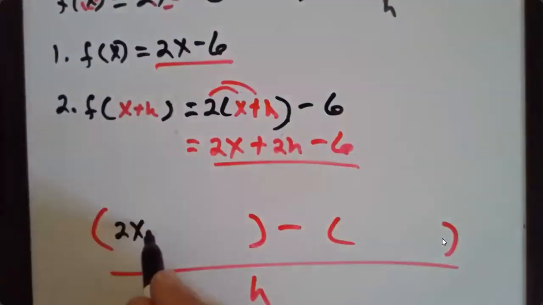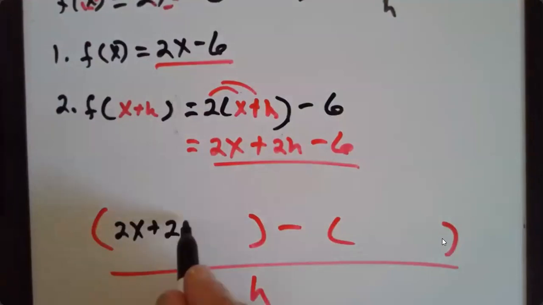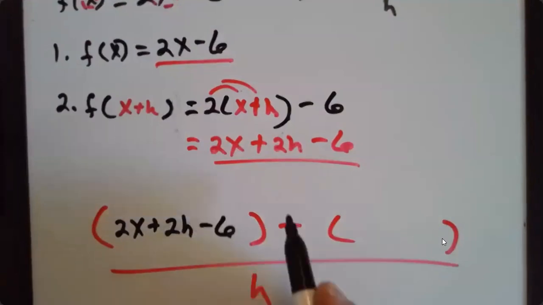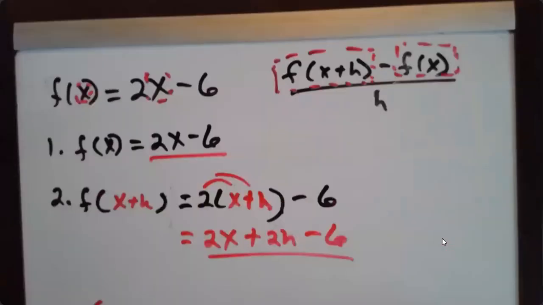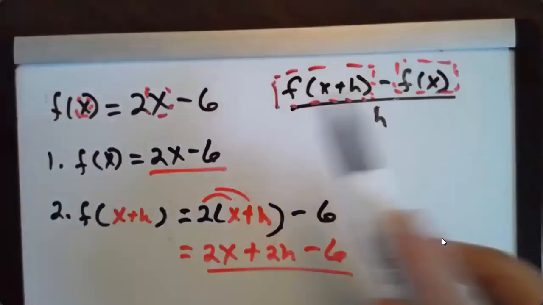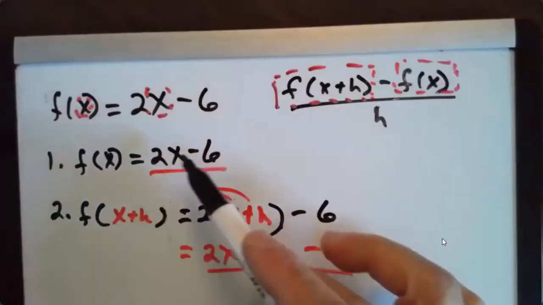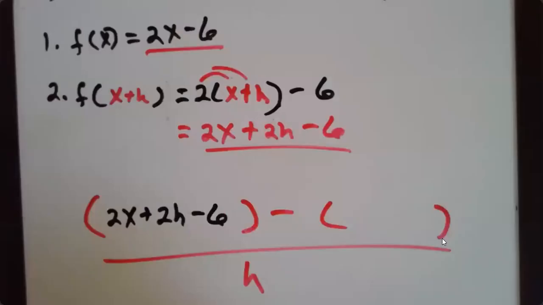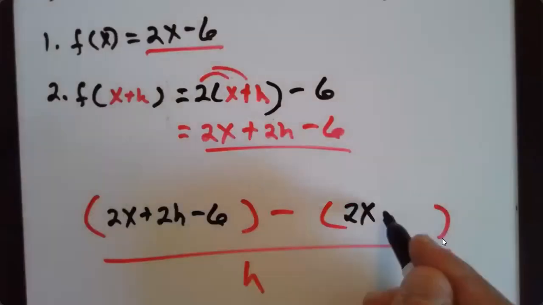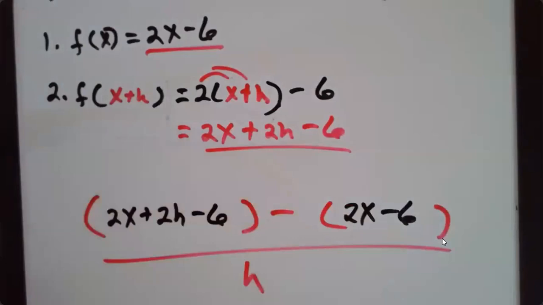And then for the second half, f of x, we're just putting in the original equation, 2x minus 6.